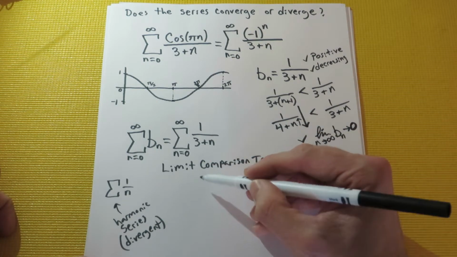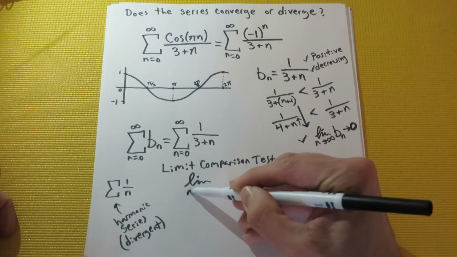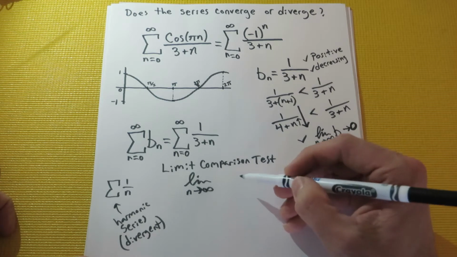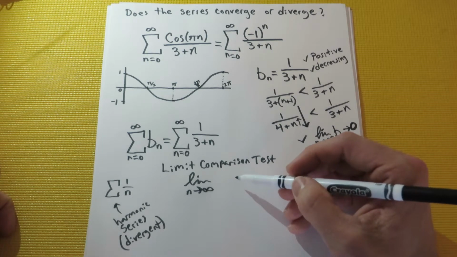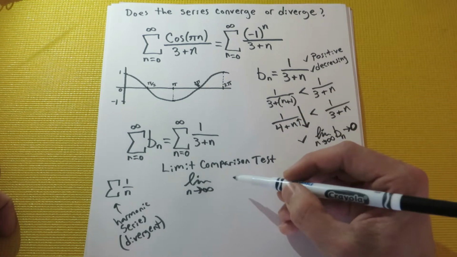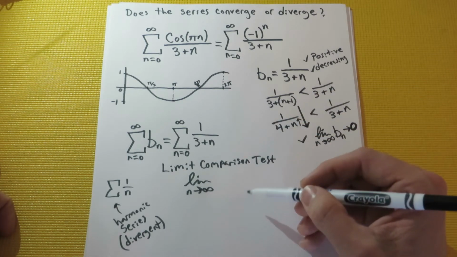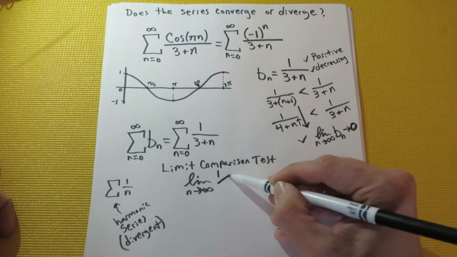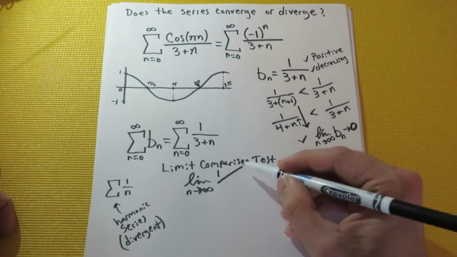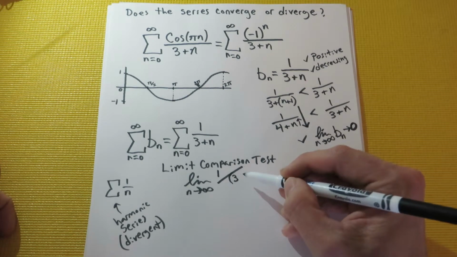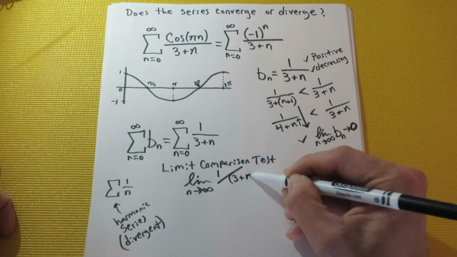And we're going to take the limit as n approaches infinity of, let's let 1 over 3 plus n be our b sub n here. I like to write fractions in the numerator. Some people flip the expressions and multiply, but I find it's how my brain works.